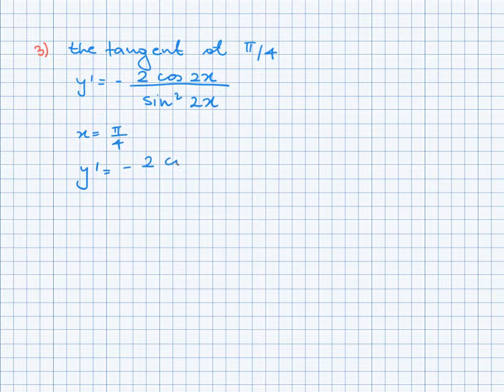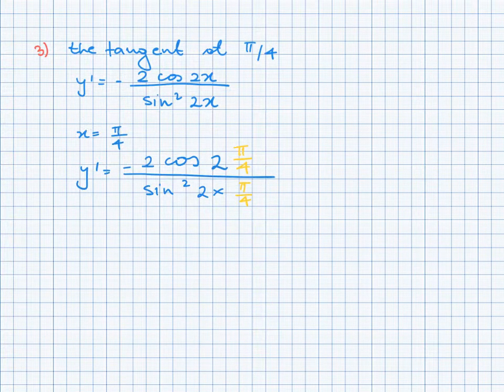Now, all we're going to do is every time we see x, it will be replaced by pi over 4. So over sin to the power of 2 times, and again x will be replaced by pi over 4.